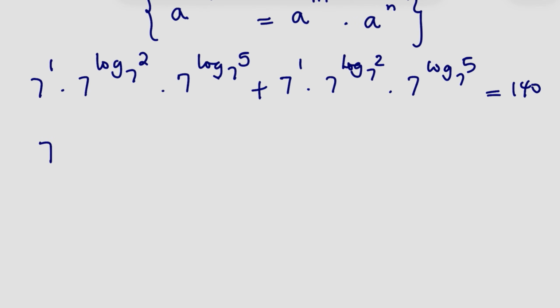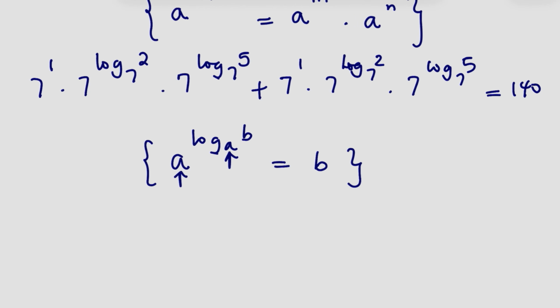So this is 7. But before I continue in this line, I will also remind us of another law of logarithm. The law says if you have a raised to power log b base a, the result is always b, as long as this base and this base are the same.